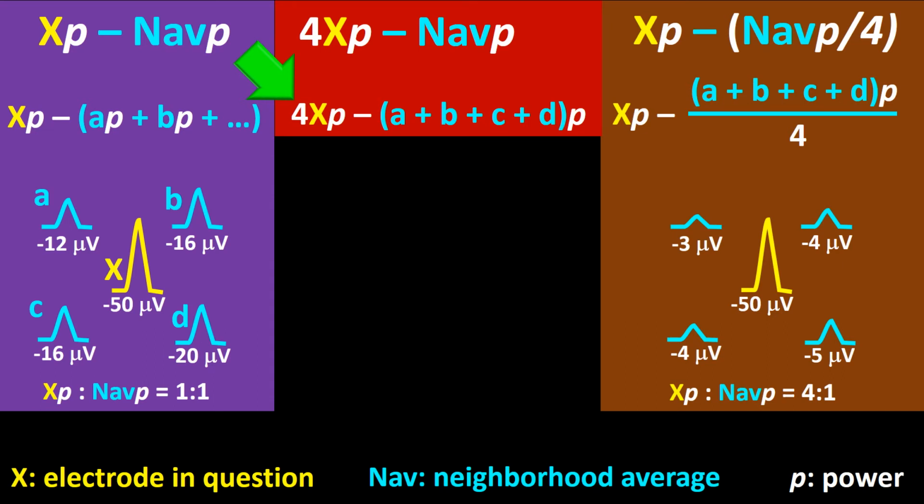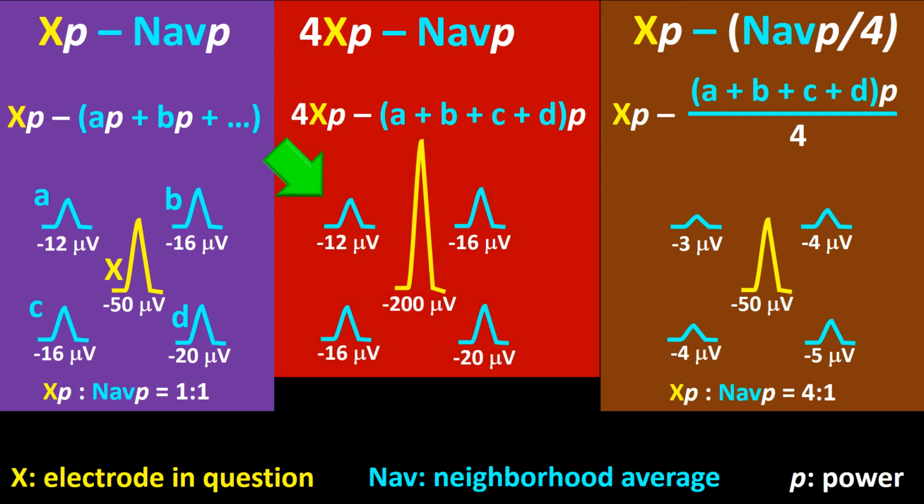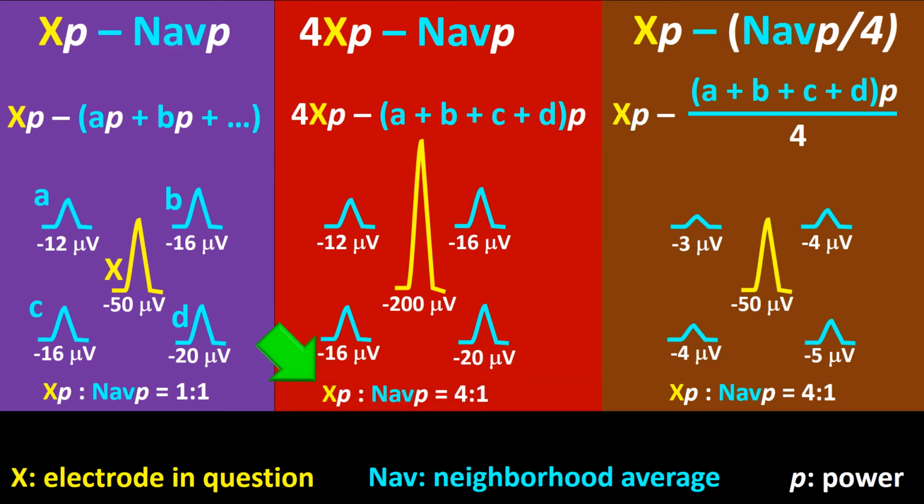This operation is further represented mathematically, as you can see, by the pointed arrow, and diagrammatically just below. In any case, the end result is again a 4-to-1 increase in the power of X, that is, of the electrode in question, regarding the surrounding electrodes or the reference.